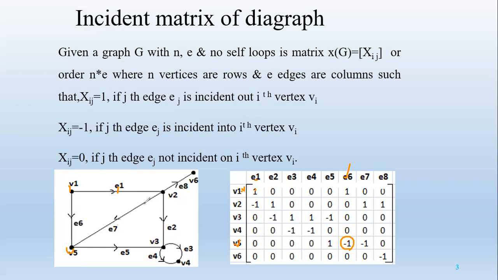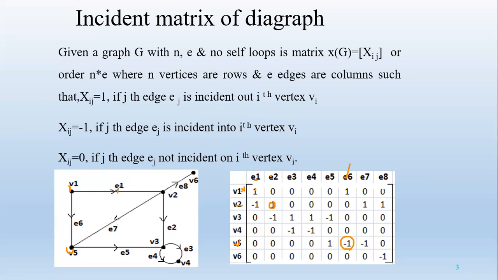Next, one more example. V2, E2. V2 and E2 are incident with direction outside. Therefore, we can write 1. So here the value is 1. Next is V2, E1.